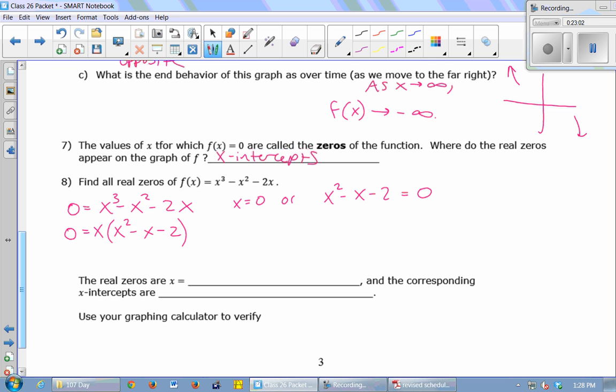Does x squared minus x minus 2 factor? I think it does: x minus 2, x plus 1. Since it factored, I can set each factor equal to 0. So x equals 2 or x equals negative 1.